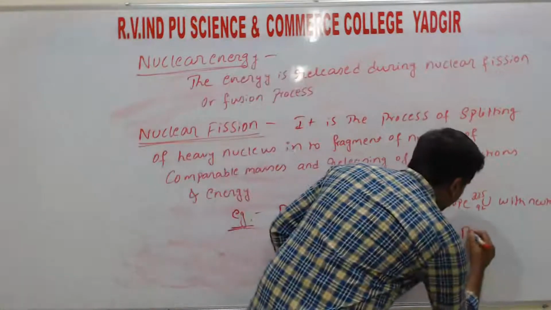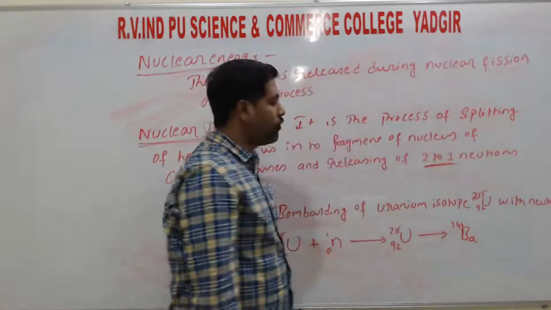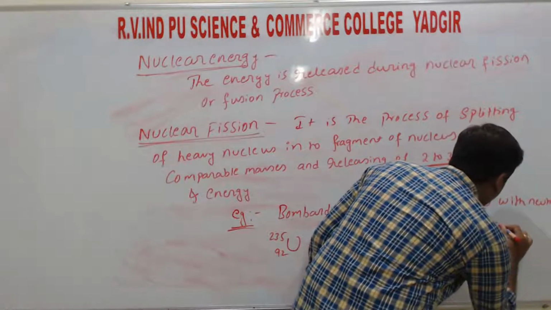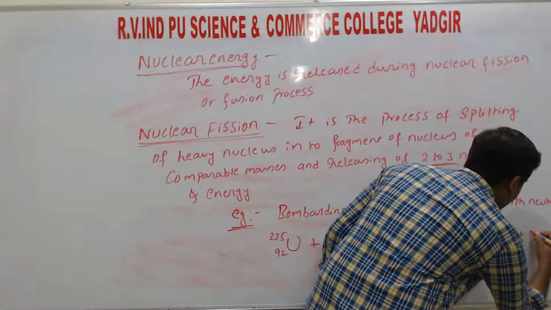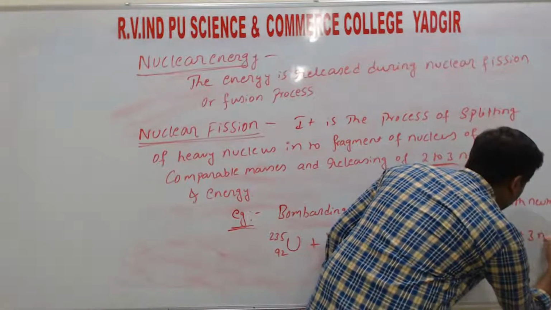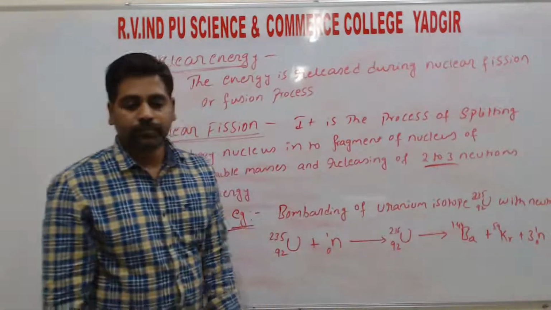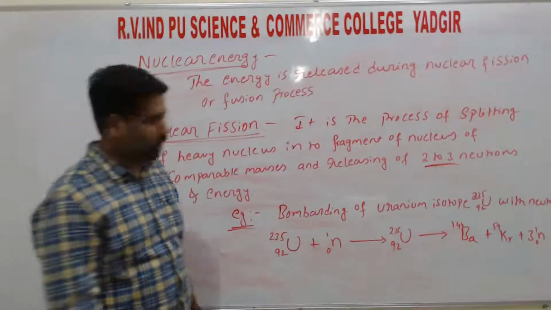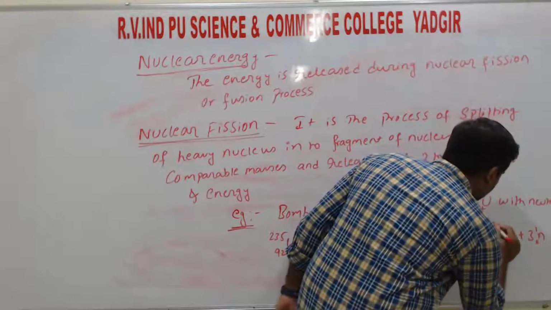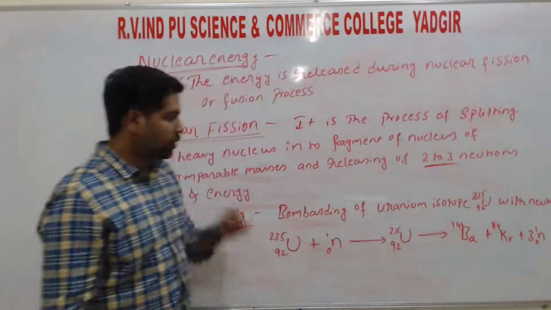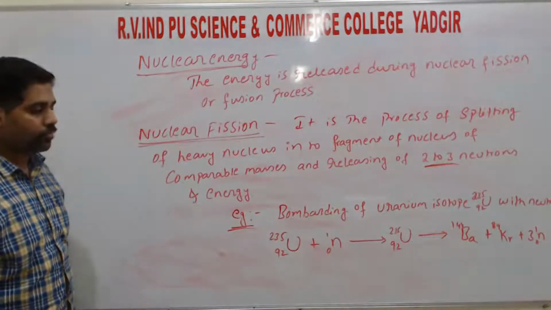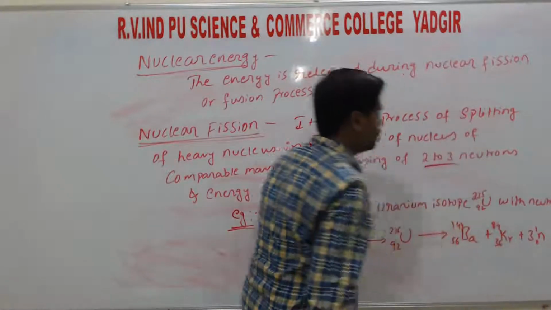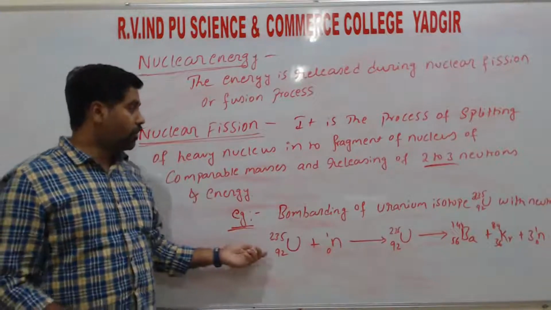That one is converted into barium 144 and krypton 89 plus it emits 3 neutrons. Right, so this one is an example of nuclear fission.